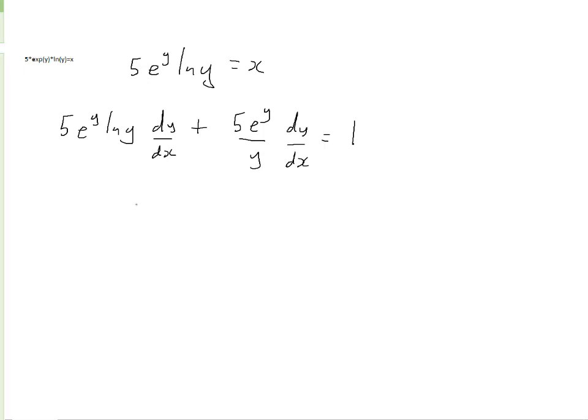And that's fairly easy to rearrange, because dy by dx is equal to 1. We just factorise all these things out, so we put brackets here, this and this is inside the bracket, so there's also a 5 actually, isn't there? Should bring the 5 out, so 5 e to the y log y plus 1 over y.